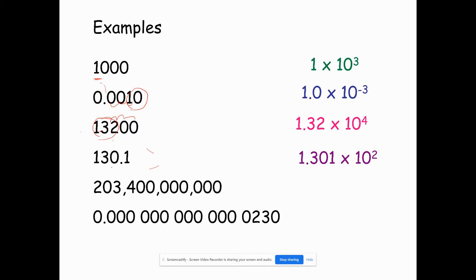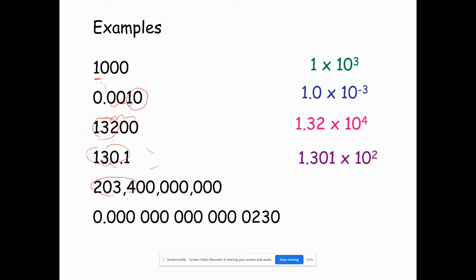The next one, these are all significant, right? So I have to include them all. But I need to put the decimal point here because I need a number between 1 and 10. Then I go 1, 2, 2 hops, so times 10 to the power of 2. So where are my significant figures? Those are right here.